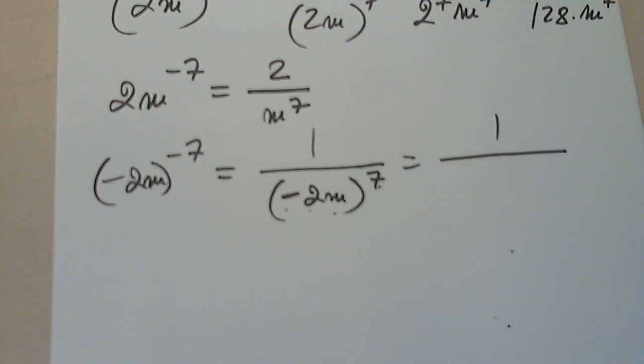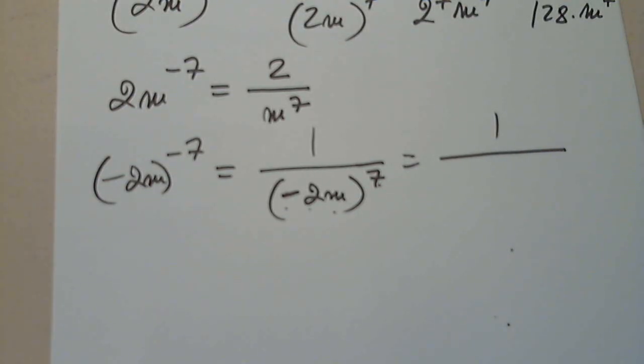So -1 to the 7th power, what is that? -1 to the 7th power is a negative number raised to an odd power. What is the sign? Negative.